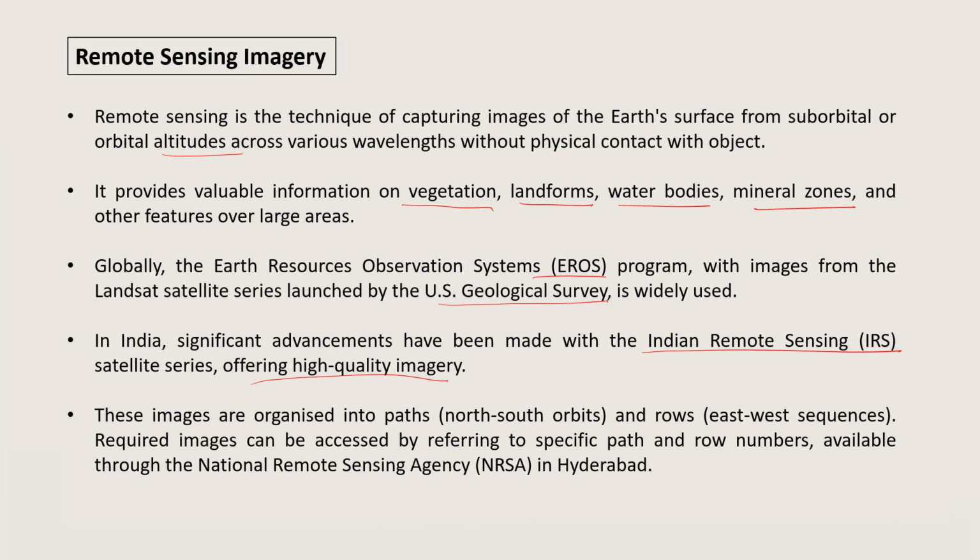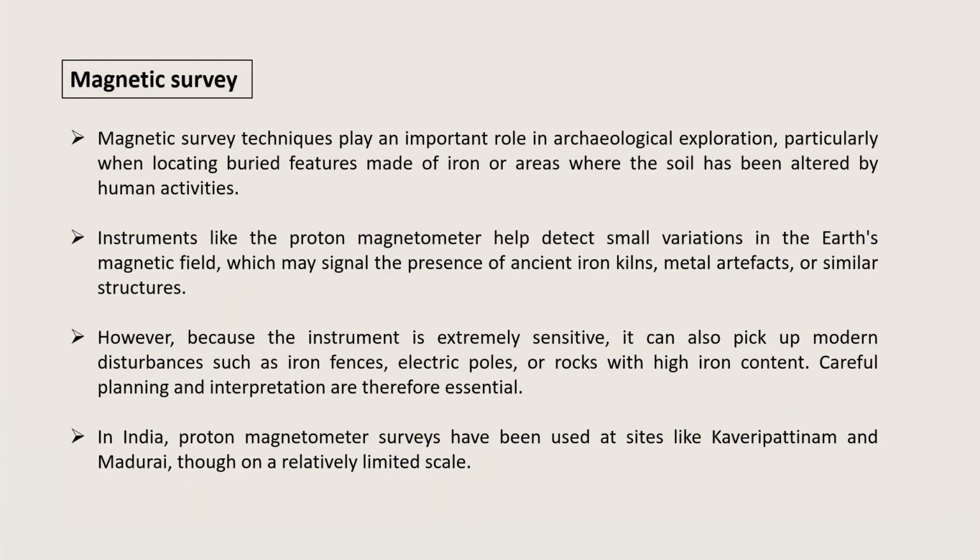These images are organized into path, north-south orbit, and row, east-west sequence. Required images can be accessed by referring to specific path and row numbers available through the National Remote Sensing Agency, NRSA, in Hyderabad. Magnetic survey.